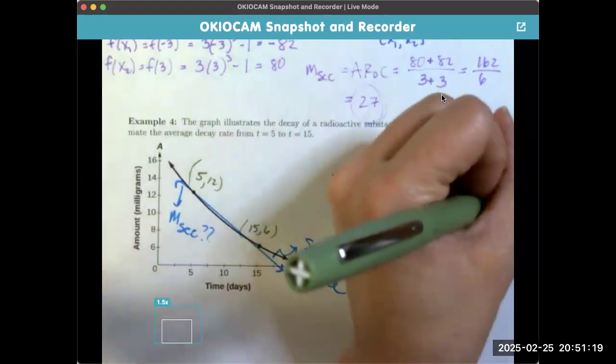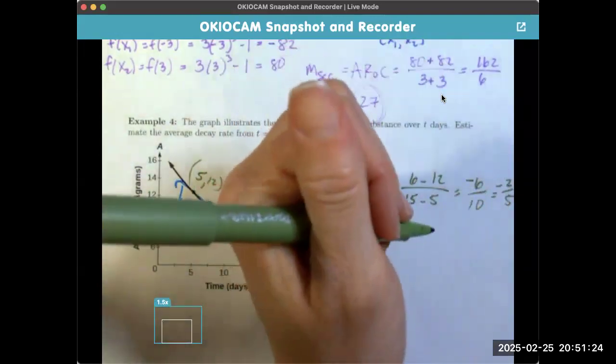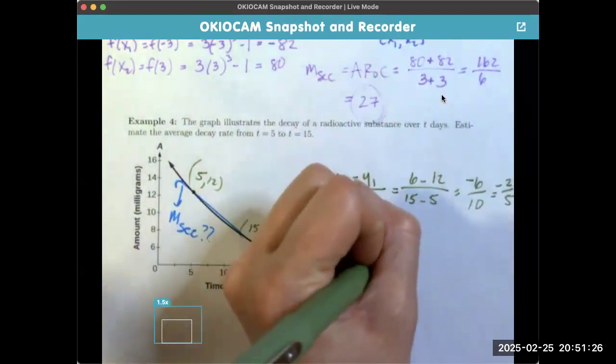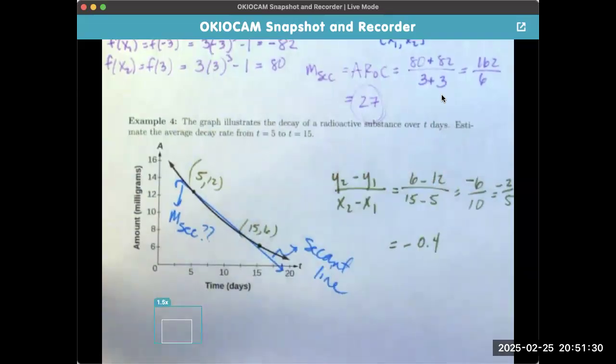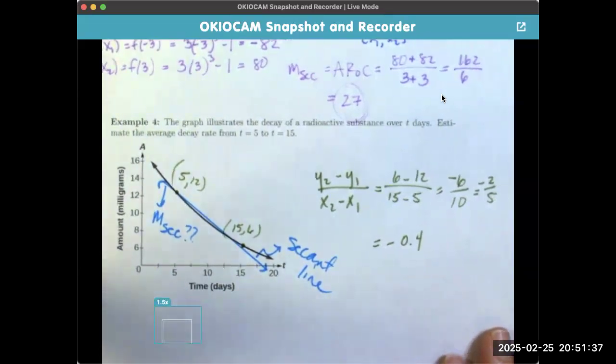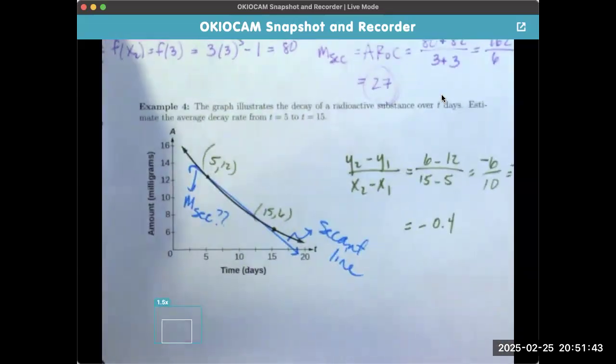So negative 6/10, or negative 2/5, which is also negative 0.4. Okay, so on average, it's decreasing at a rate of negative 0.4. That's it. And that's it for section 13.